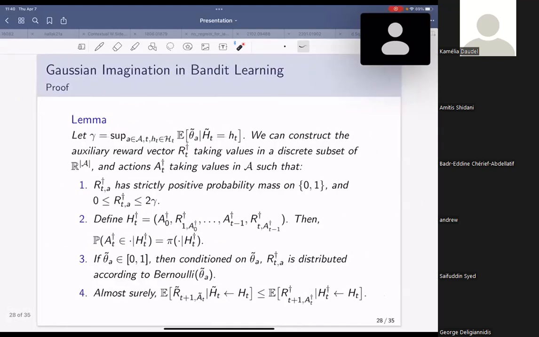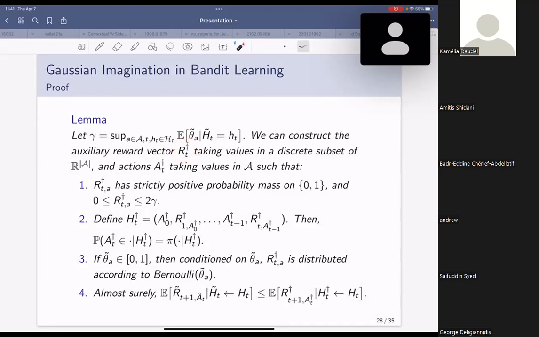So the lemma that says that this auxiliary reward actually exists is this lemma, which is a bit long. I didn't provide the proof because it was a very long proof. But the lemma basically says that we can construct the auxiliary reward vector. I don't know how I should read this symbol, but okay, just the auxiliary reward vector.